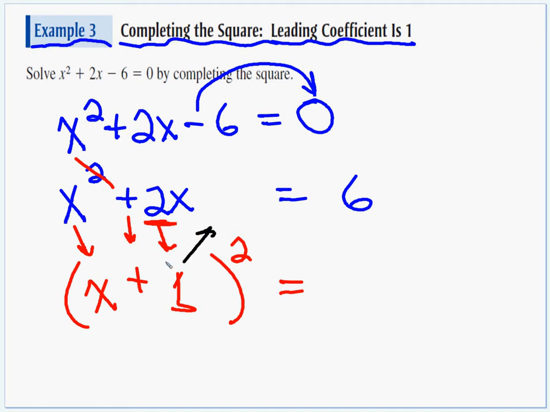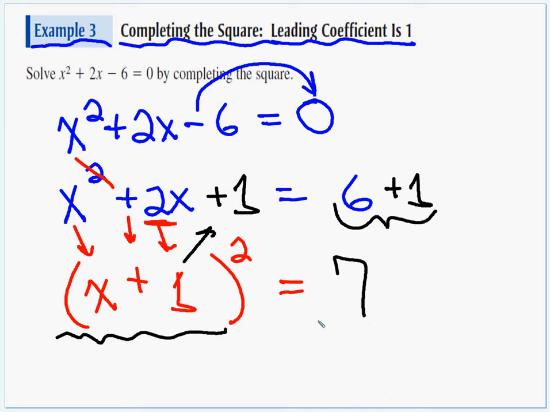Our last term times our last term, 1 times 1 is +1. So if we're going to add 1 here to this left side, we're going to have to add 1 over here to make everything fair. So now 6 plus 1 is equal to 7. And now we've got x plus 1 quantity squared is equal to 7. And now we can actually solve that.